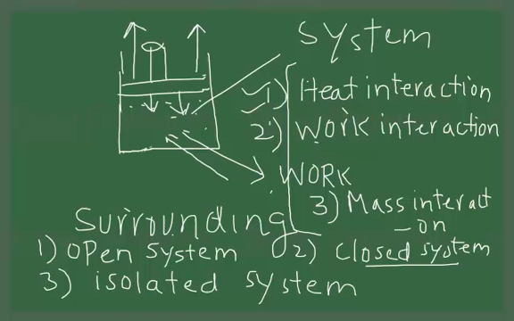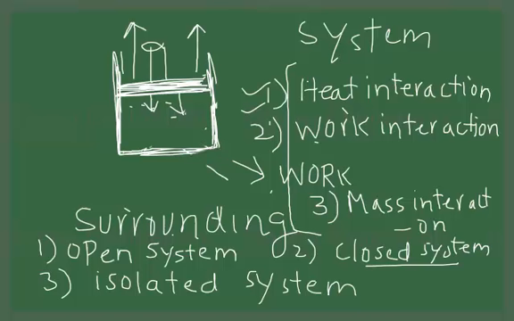So we have insulated walls that will not allow the movement of heat in either direction. So heat interaction is not possible. And this wall is fixed now, so we don't have a piston to move up or down. So it means that work interaction is also prohibited. So this type of system is called isolated system.